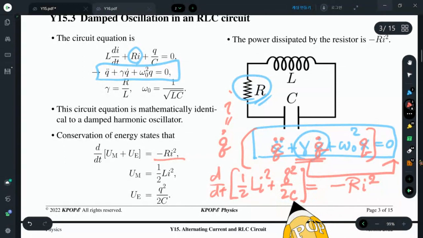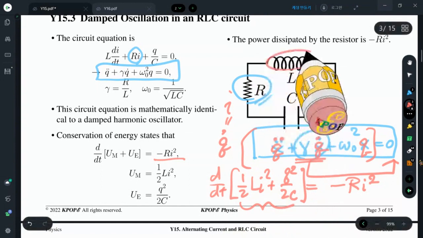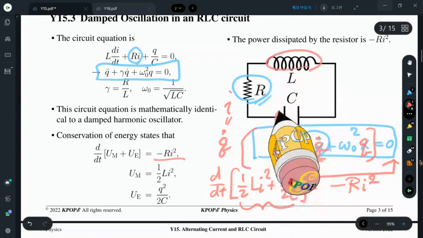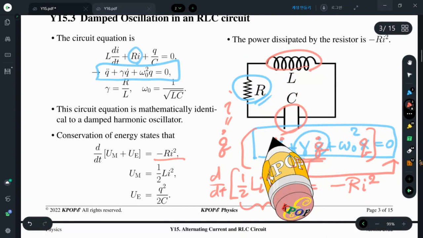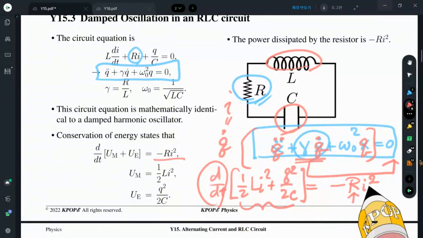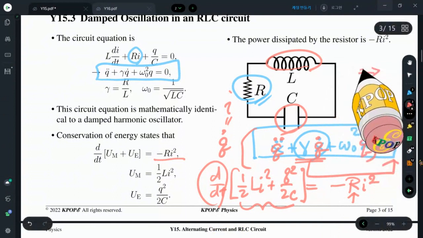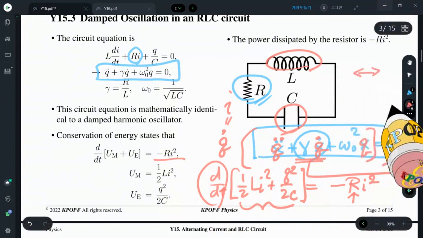On the left-hand side, what's that? This is the total electromagnetic field energy saved inside the inductor and capacitor. Its time derivative is a real number. Resistance is always positive definite. And current can flow to the right or to the left.